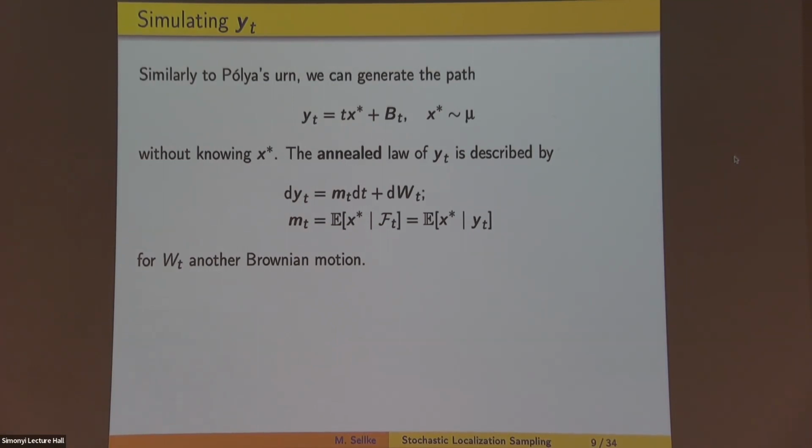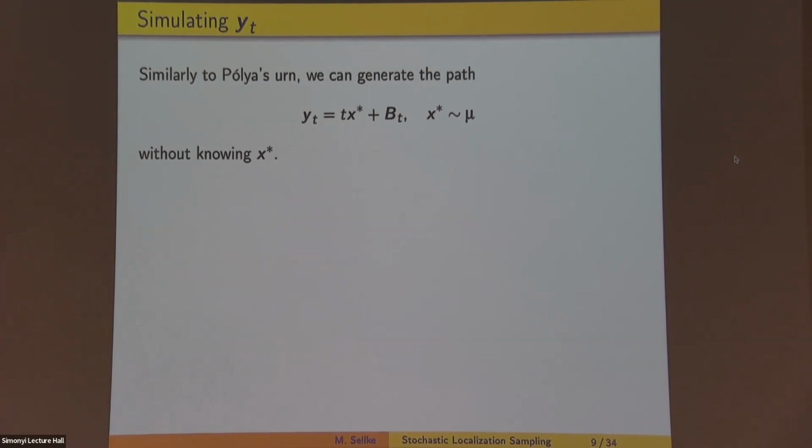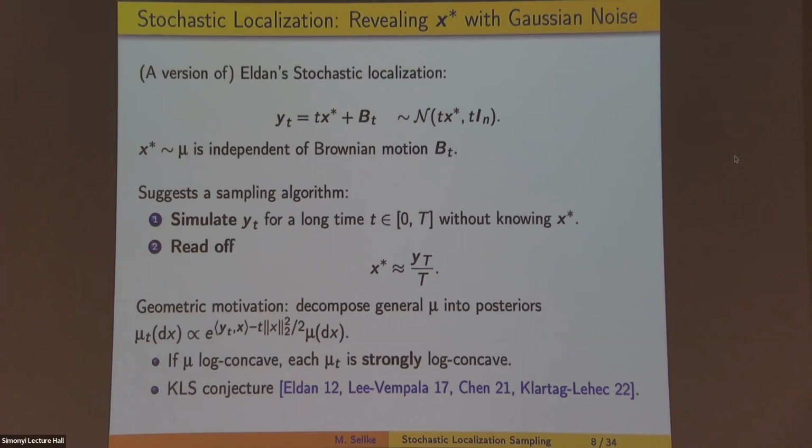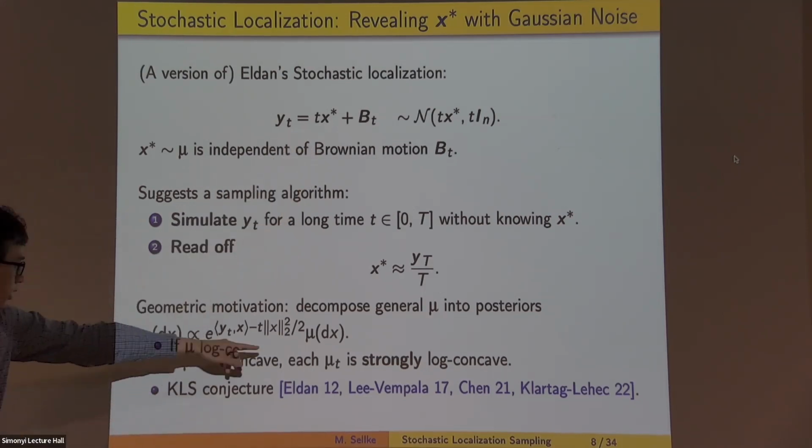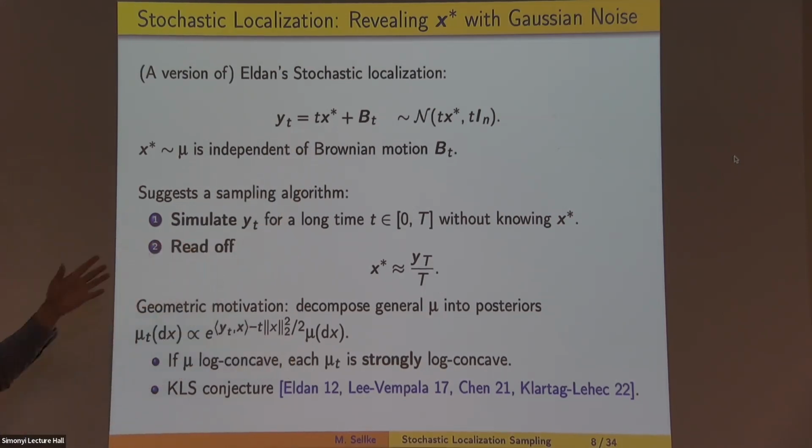Yeah. So why is it called stochastic localization? Right. So when Eldan is using it, he's kind of thinking about it in a different way. He's not focusing so much on the paths. What he's focusing on is, at any time t, if I reveal this information, then my initial distribution mu for X star has some posterior.